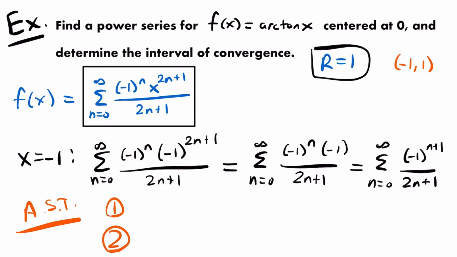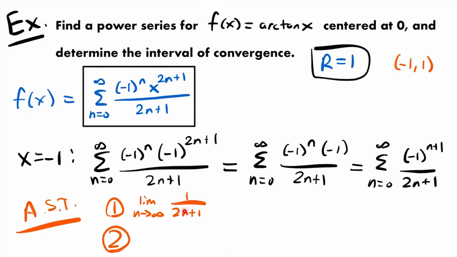The first requirement is that the limit as n approaches infinity of the sequence from our series must be equal to 0. That sequence does not include the part that makes the series alternating. So we're not going to include this negative 1 to the power of n plus 1. Instead, our sequence will be 1 divided by 2n plus 1. So we'll take the limit as n approaches infinity of 1 divided by 2n plus 1.